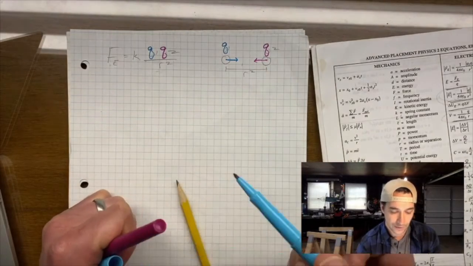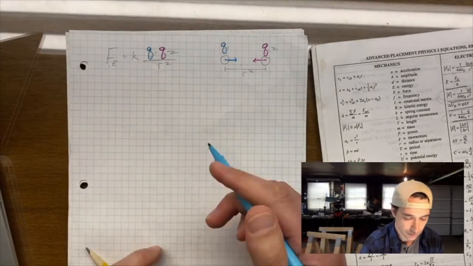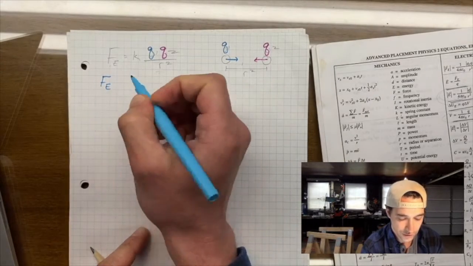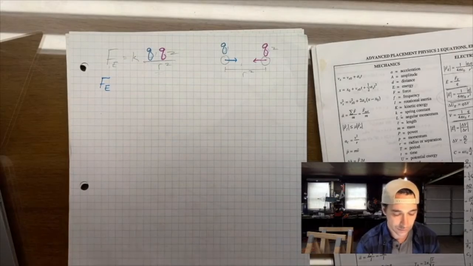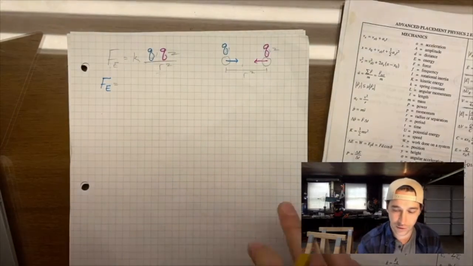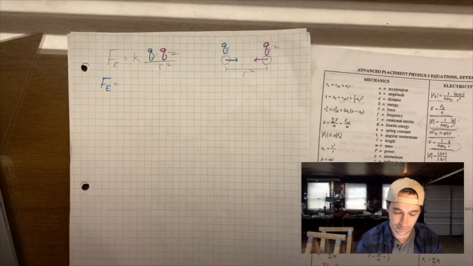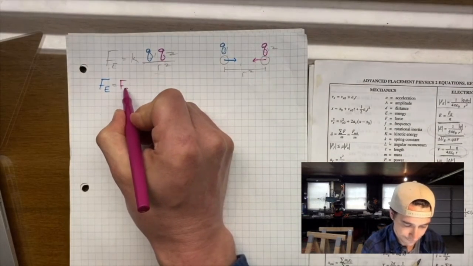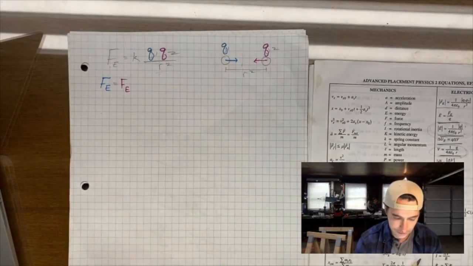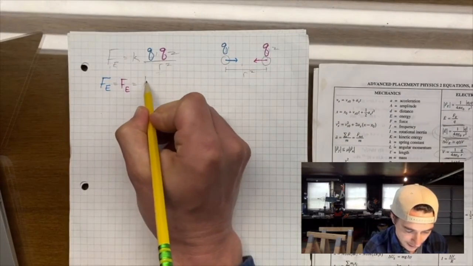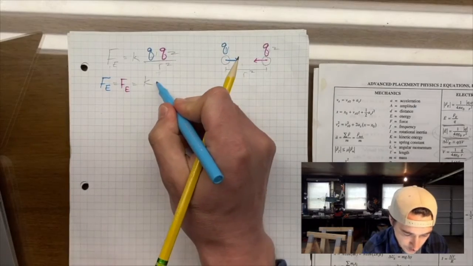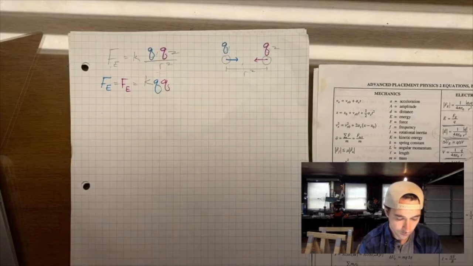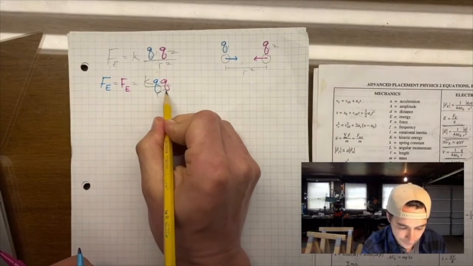So this might seem silly to you, but I'm going to say that our electrostatic force is equal to our other electrostatic force, which equals K Q1 Q2 all over R squared.